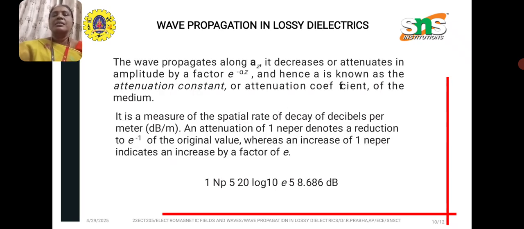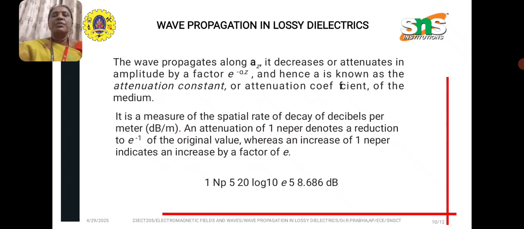As I said, the wave propagates along az, that is, in the z direction. It decreases or attenuates in amplitude by a factor e power minus alpha z, and hence alpha is known as the attenuation constant or attenuation coefficient of the medium. It is the measure of the spatial rate of decay, given in nepers per meter or decibels per meter.